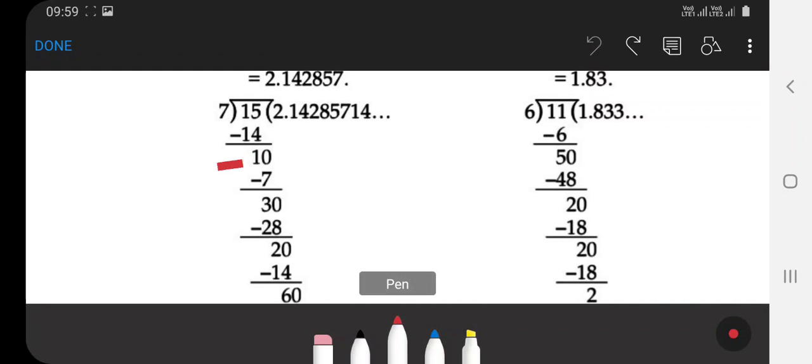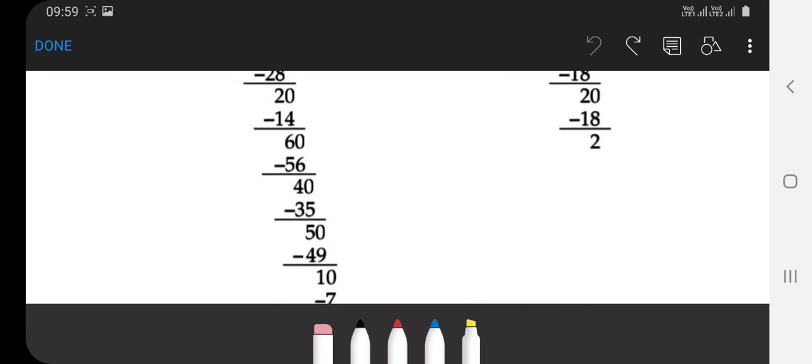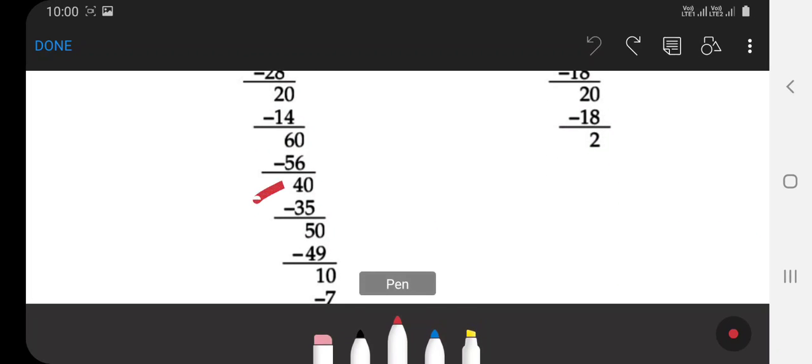Firstly 1, secondly 3, then 2, then 6, then 4, then 5, and again we get 1. Clear?